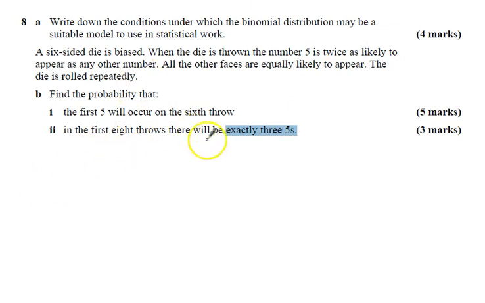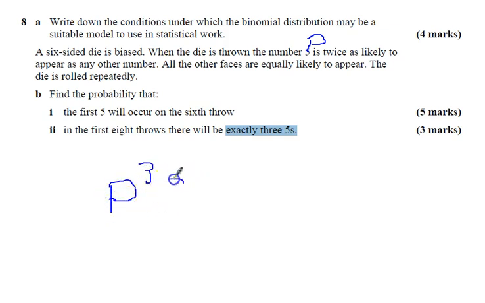Now if we were going to expand the binomial, if you remember, you have the probability of the first thing, so let's have P, we'll say as getting a 5. And we want 3 5s, so that's going to be to the power of 3.